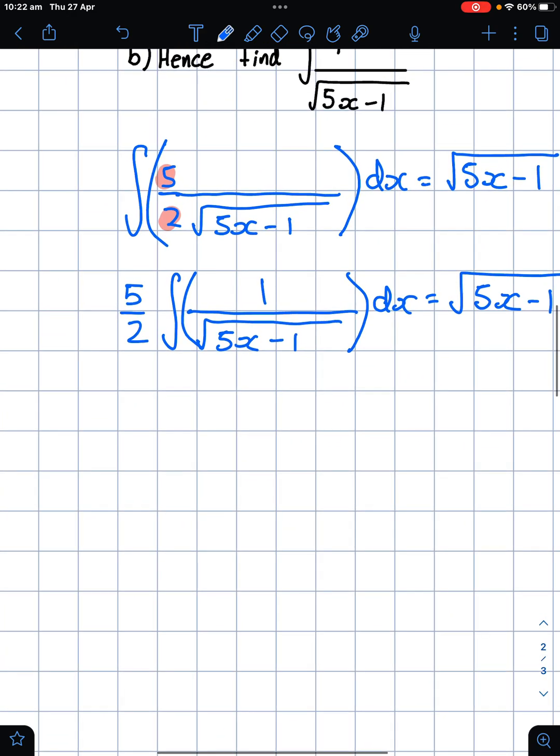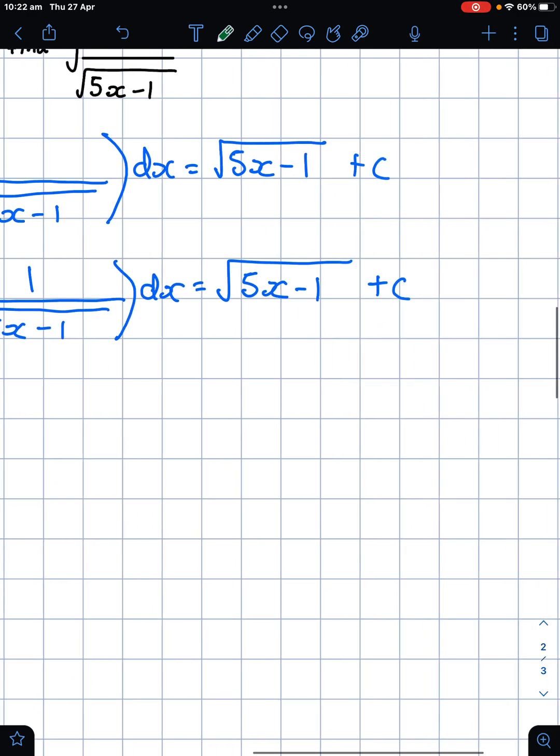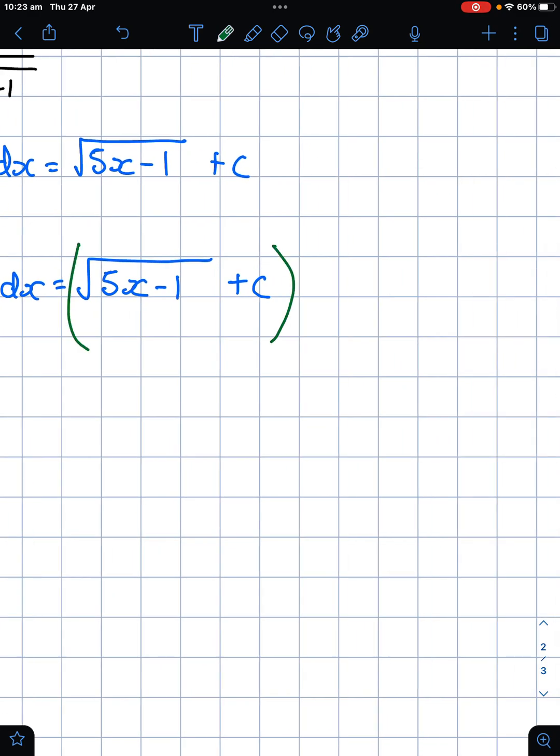I've now got, well, if I can think of something to multiply to get rid of this, I've got the integral I want. So I'm going to times this by 2 on 5, which means I multiply this side here by 2 on 5.